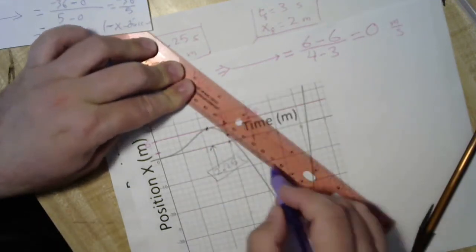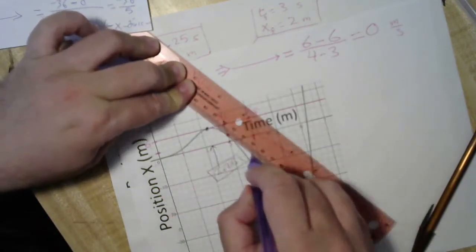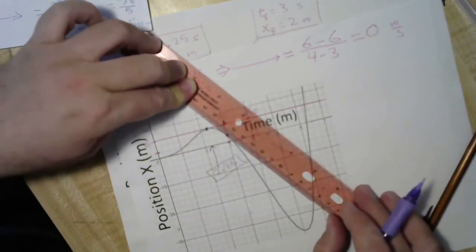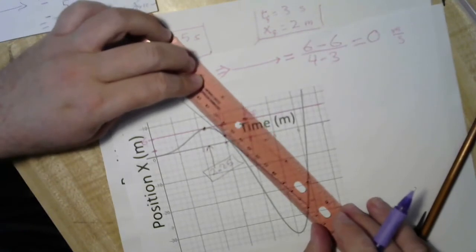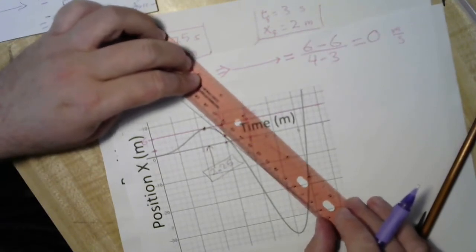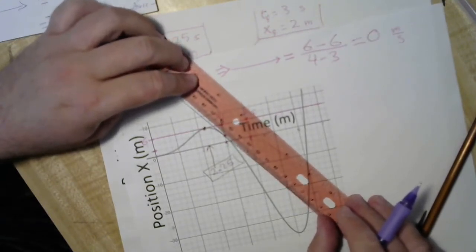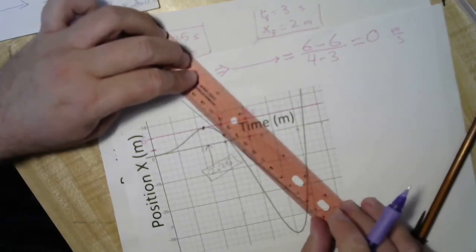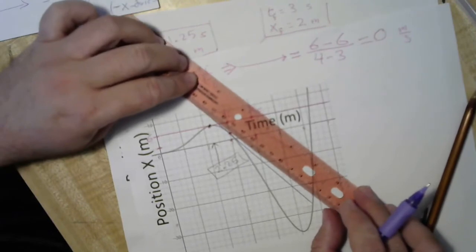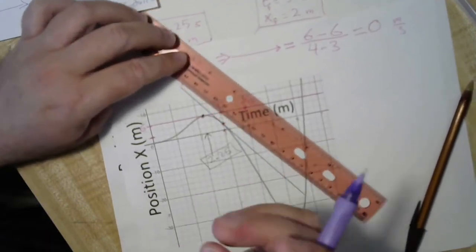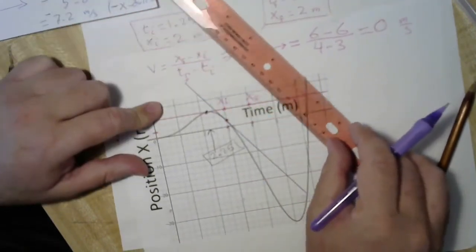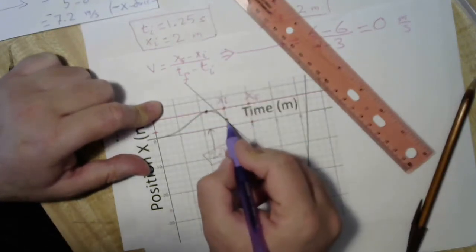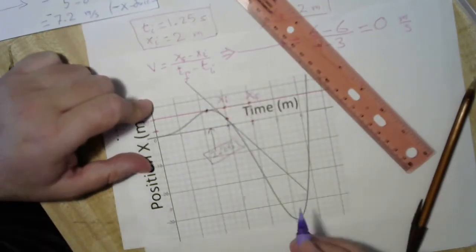Maybe I will have some errors in drawing this line, but that error will not be very different from one person to another. Maybe you will draw it like this or like this, but the change will not be too much. Okay, this is the tangential line at t equal 3 approximately.